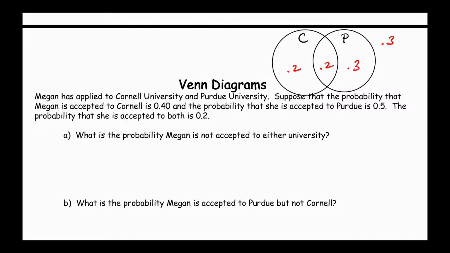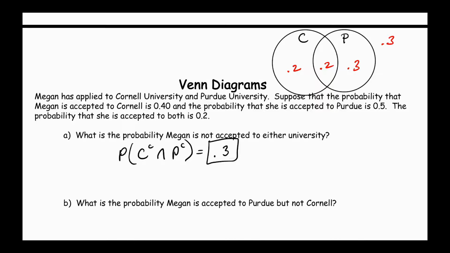Okay, so what is the probability Megan is not accepted to either? Oh, they just asked that right there. 30%. So the probability she doesn't get into Cornell and doesn't get into Purdue is 0.3.